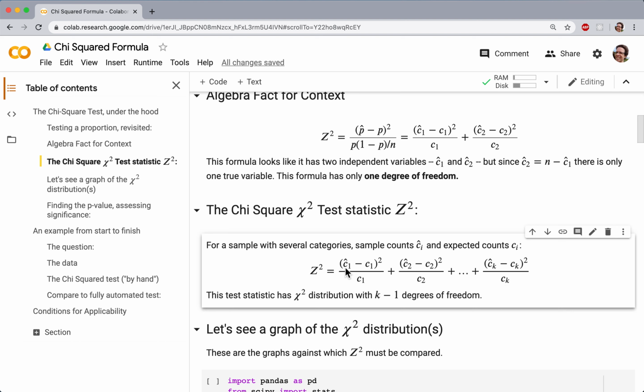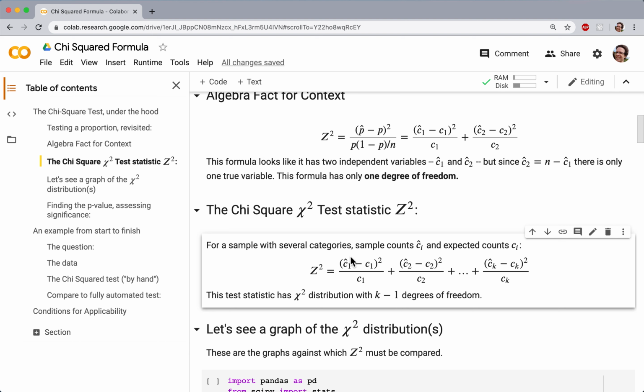The measured counts are C1 hat, C2 hat through CK hat here. This sum of squares should remind you of the distance formula. And what it's really doing is calculating how far away the measured counts are from the anticipated, expected, predicted counts. If they are very far, then we get a big value of the test statistic, which tells us something weird is going on. If they are very close, then we'll get a small value of the test statistic.